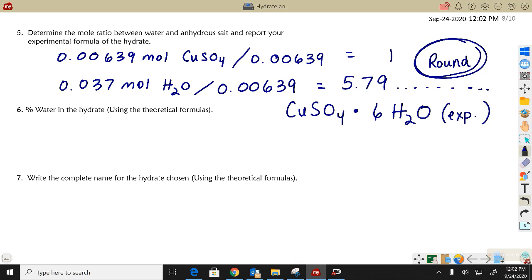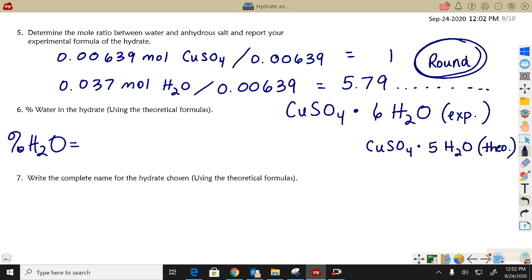Okay, so the percent water in the hydrate is just mass of water. And so if I just make a little note, CuSO4 with 5 waters, that's the theoretical. That's what it should have been.